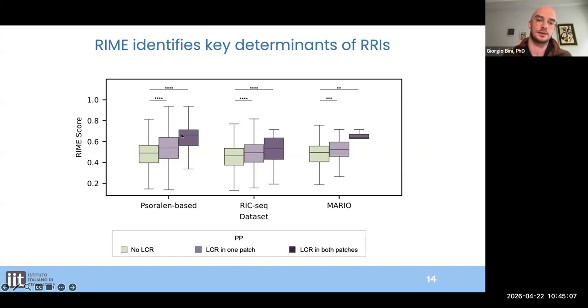And this trend is even stronger when two low complexity repeats are present in both interacting patches. And this is also quantified with statistical significance across all the analyzed datasets.